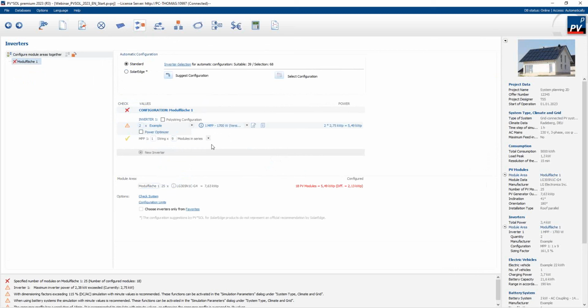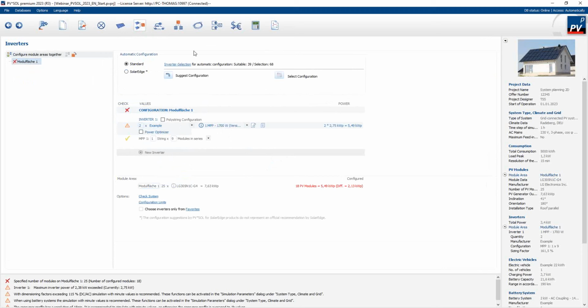If you're a pro, then it would be possible here via these drop-down menus, the left one again for the manufacturer, the right one for the inverter type, and below you can then enter the MPP and the modules per string. This also would be possible.